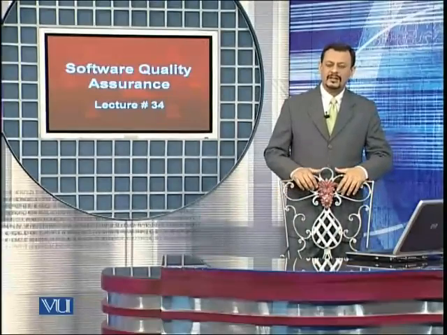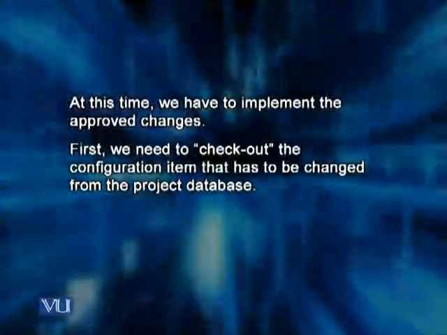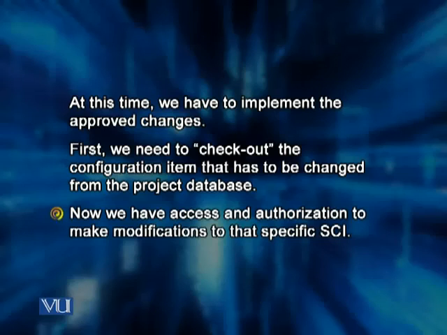So the changes in the work product have to be done. And so the first thing would be to check out that configuration item from the project database. At this time, we have the access and authorization to make modification to that specific software configuration item.